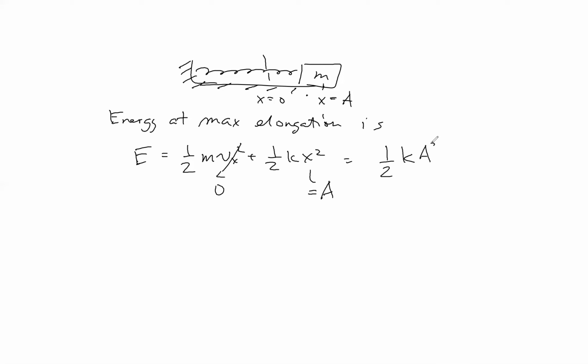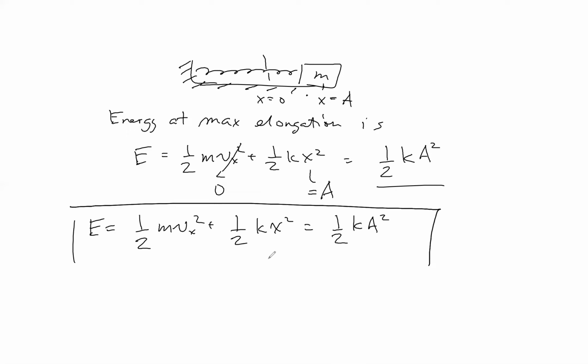So the important thing about all this is that the energy of this system is going to be 1/2 kA squared, where A is the maximum amplitude of that motion. So when I was writing on the last page that energy was a constant and a sum of these two terms, I'm going to write it one more time: 1/2 m v sub x squared plus 1/2 k x squared equals 1/2 kA squared.